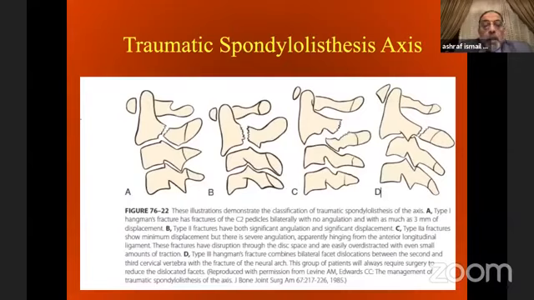Here, there is hyperextension without forward deflection. When we have hyperextension injury followed by forward deflection, there will be rupture or subluxation of the C2-C3 facet and disc.